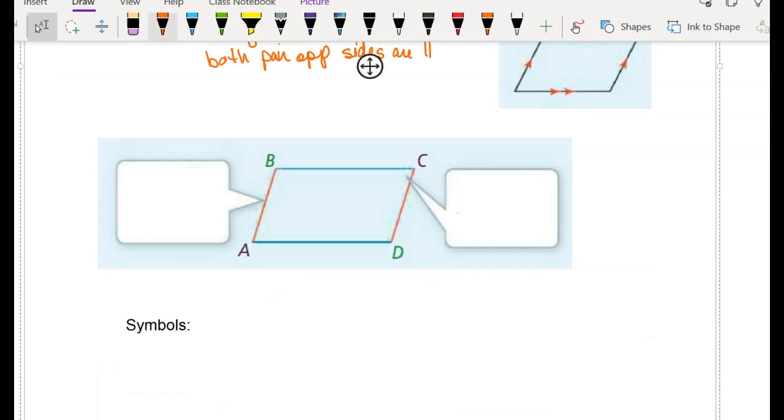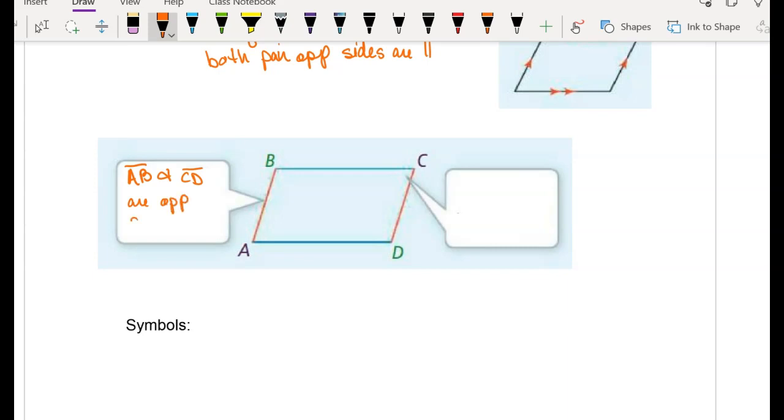Okay, so that means that segment AB and segment CD are opposite sides. So they do not share a side.